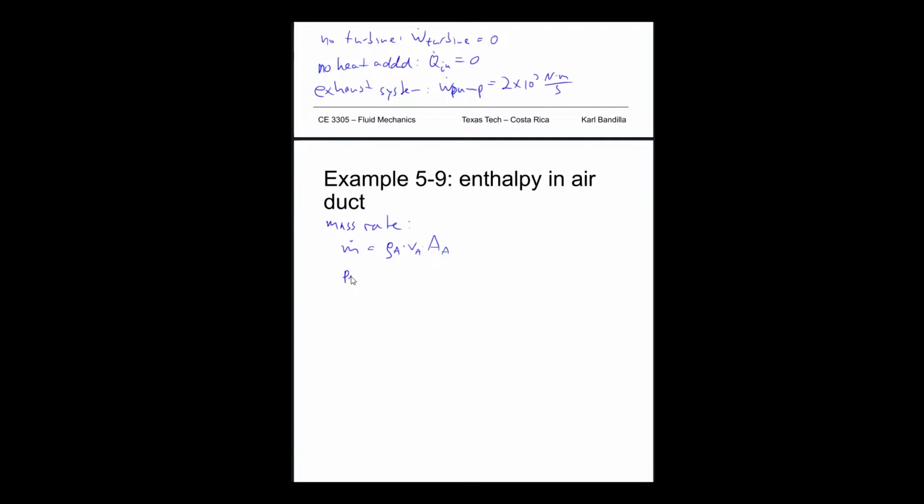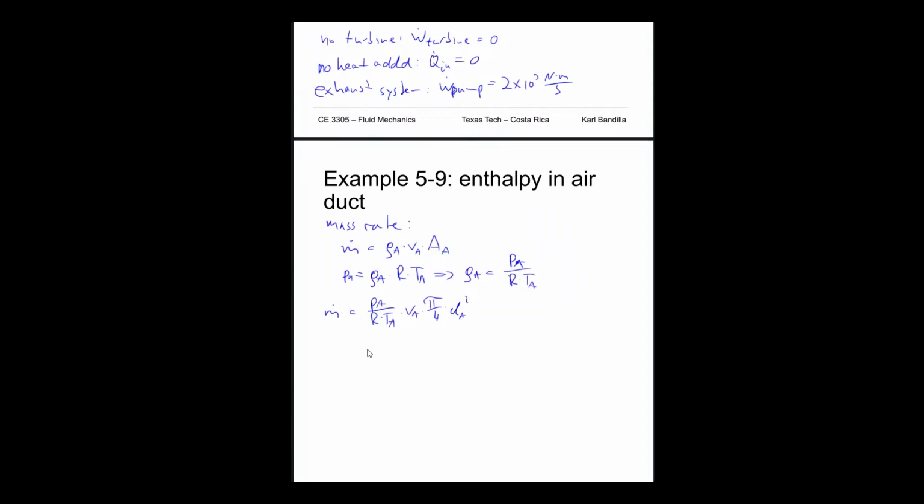So we can say P_A is equal to rho_A times R times T. That means rho_A is just P_A over R times T. I guess we can put a T_A in there too if we want to. So we can plug that back into our mass rate. m dot is then P_A over R times T_A times V_A, and then the area here is pi over 4 times d_A squared.